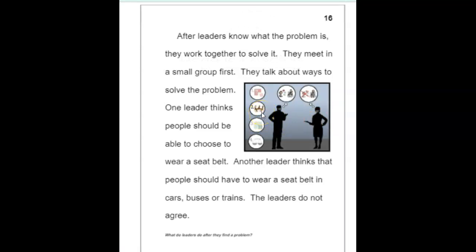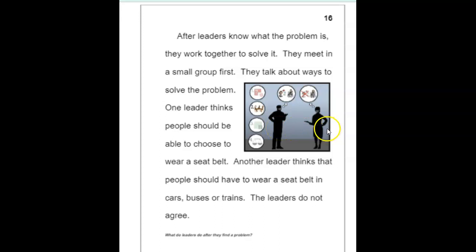After leaders know what the problem is, they work together to solve it. They meet in a small group first. They talk about ways to solve the problem. One leader thinks people should be able to choose to wear a seatbelt.